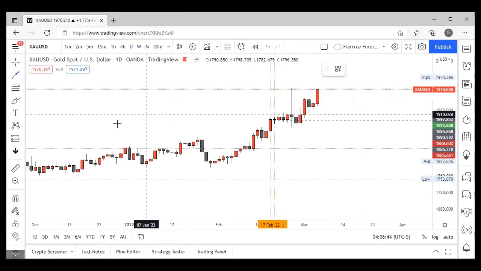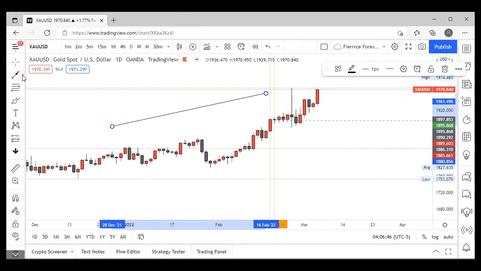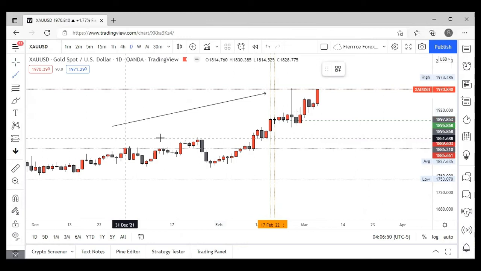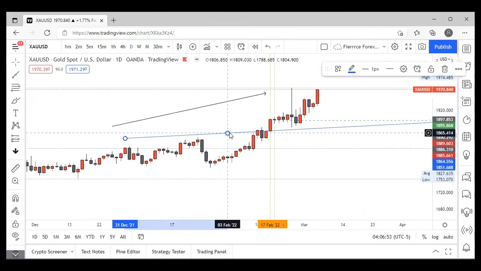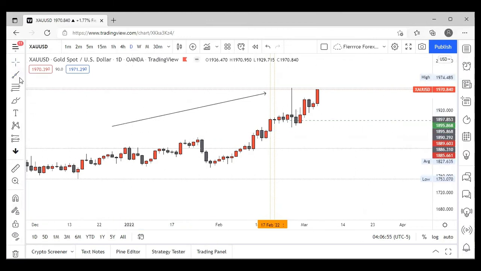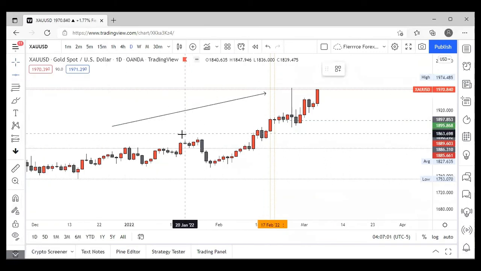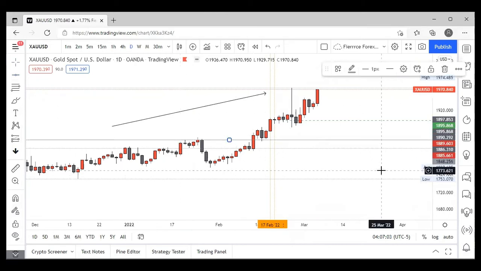Then we have the arrow. If I have the ray, I don't use the ray much, but you can exploit it, and all these other lines. Now, if I want the horizontal line, this is a horizontal line. There you go.